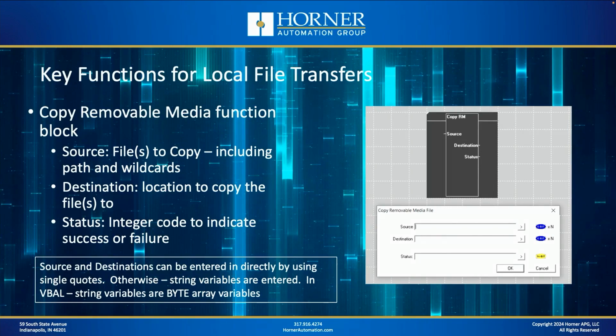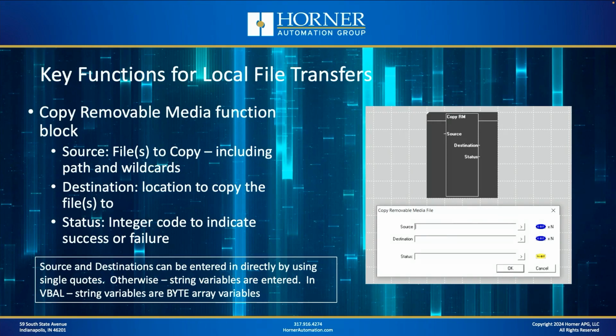Now, one thing to keep in mind: when you fill out the source and destination fields in this function block, you can either enter the data in directly between single quotes, so the exact file name and path on the source side and the exact path on the destination side, again, all between single quotes, or you can use variables instead.